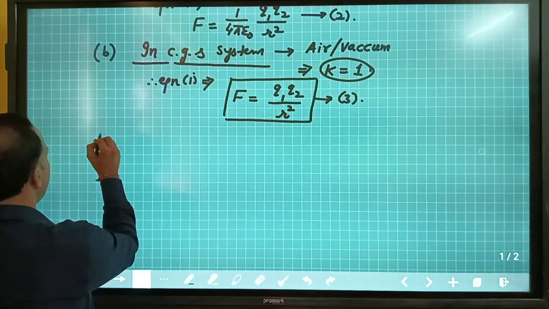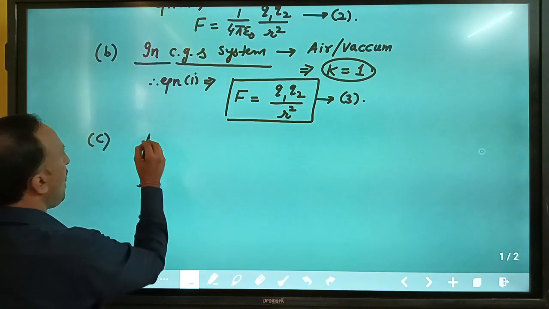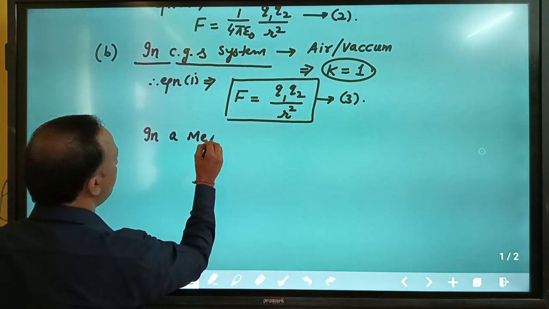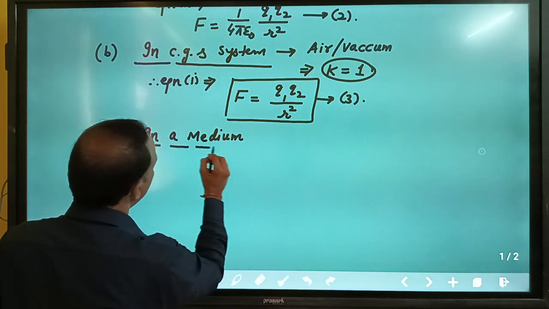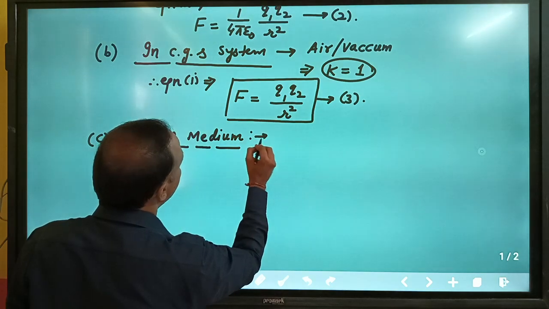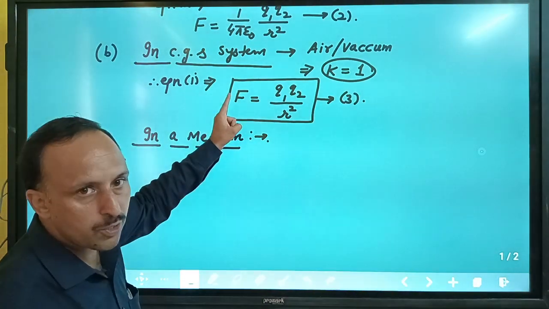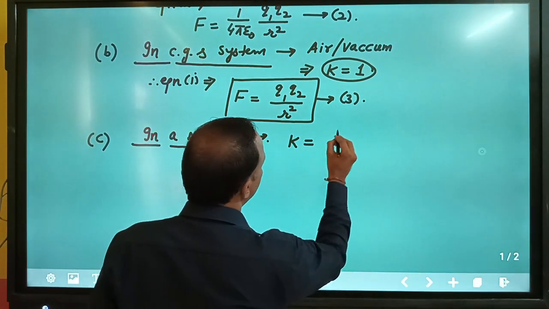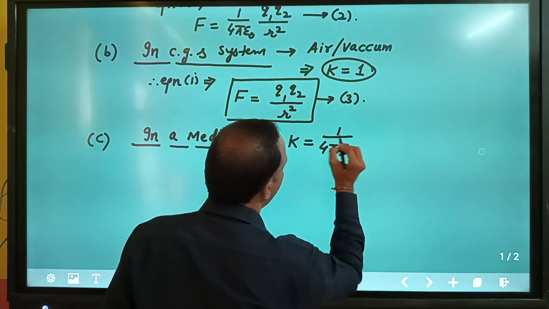There is a third case, and in the third case, I am taking a medium, any medium. So what is the meaning of this? It means when two charges are placed in a medium, then in that case how will your Coulomb force equation be written? The dielectric constant k in a medium is represented by 1/4 pi epsilon.